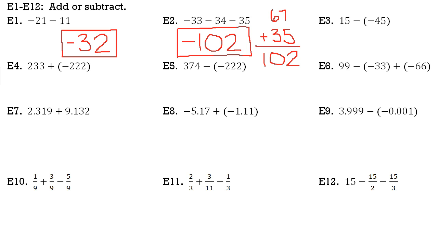All right, let's get into example number 3. 15, and then you are subtracting a negative 45. So 15 minus a negative 45. Hopefully you've practiced this over time, and hopefully you end up finding out that this is the same thing as 15 plus 45, and you end up getting 60.